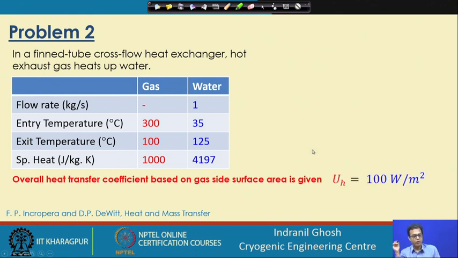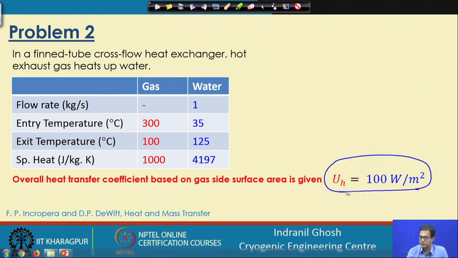the overall heat transfer coefficient based on the gas side surface area is also known to us, and that has been given to be 100 watt per meter square Kelvin. As you can understand, we have not been given the details of this finned tube cross flow exchanger, such as the tube side diameter or the number of fins.